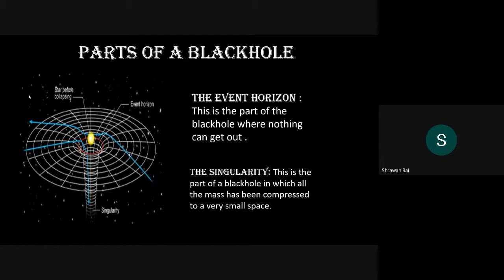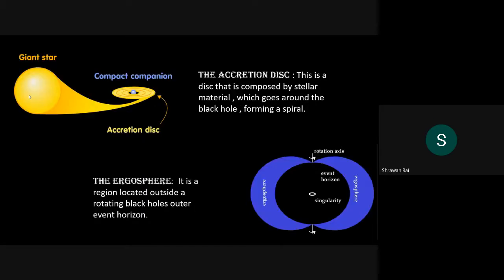Second, the singularity. This is the part of a black hole in which all the mass has been compressed to a very small space. As a result, the singularity has almost infinite density. Third, the accretion disk.